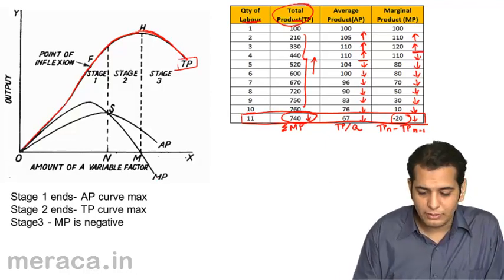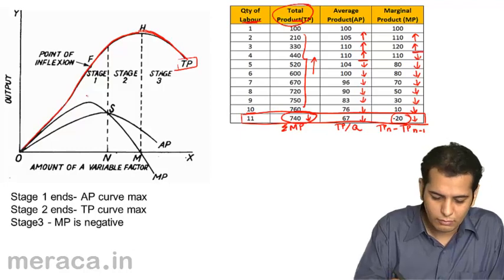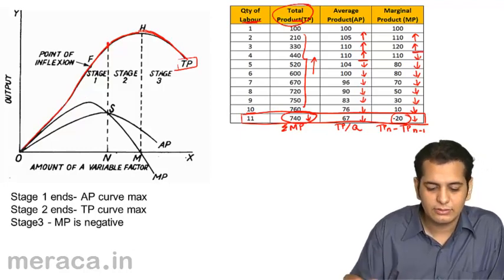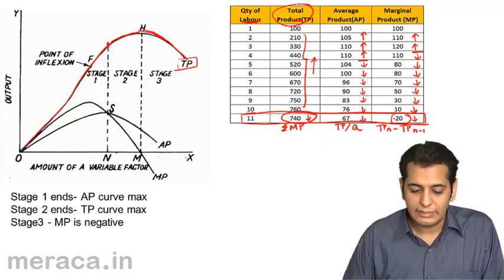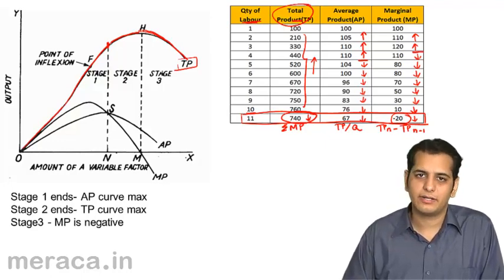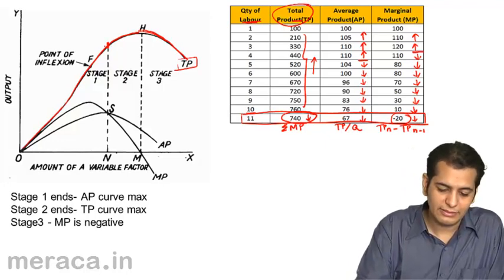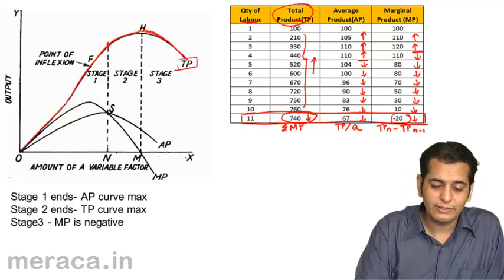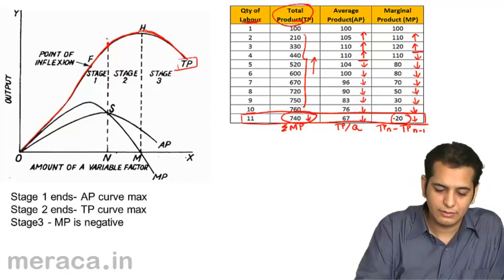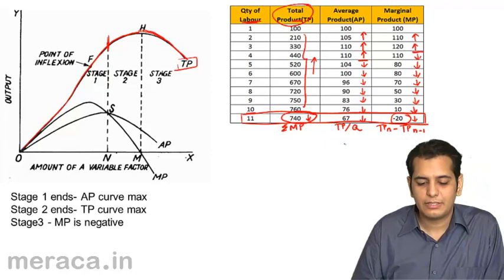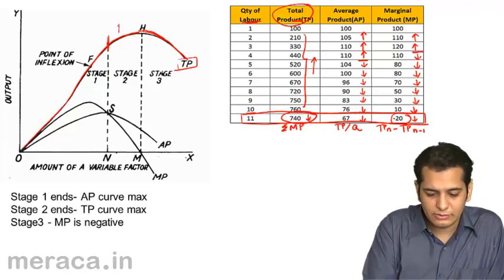If I were to tell you, this is the stage till when the total product is increasing at an increasing rate. We can see that the total product is increasing. It is not only increasing, but it is going up at an increasing rate till this stage. After this stage, the total product is still increasing.